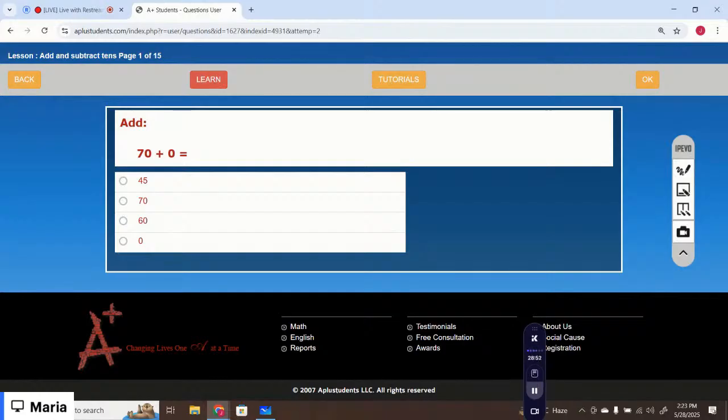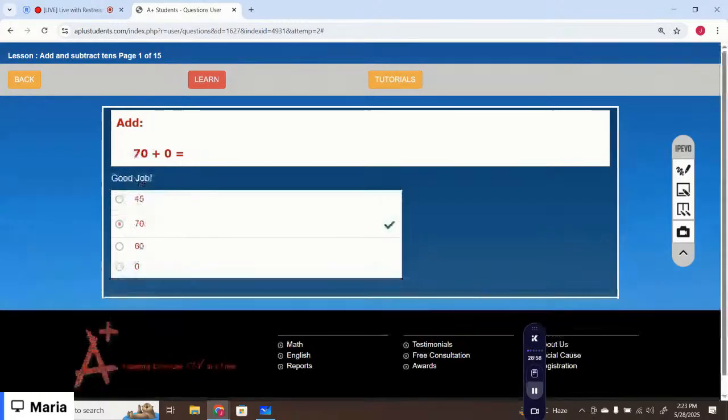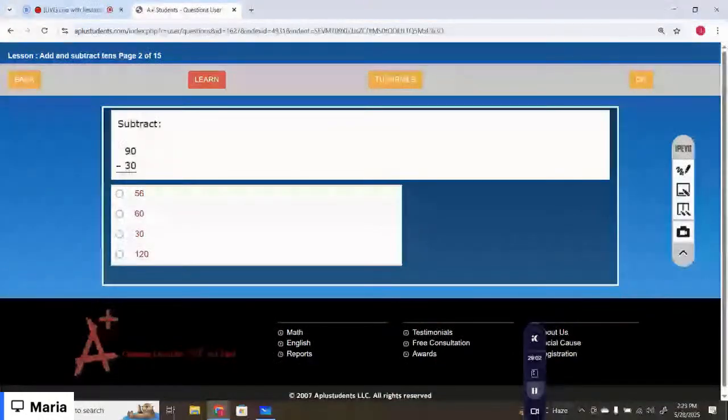So 70 plus 0 is 70. Option number 2 is the correct option. That is 70. 90 minus 30, which is the correct option?